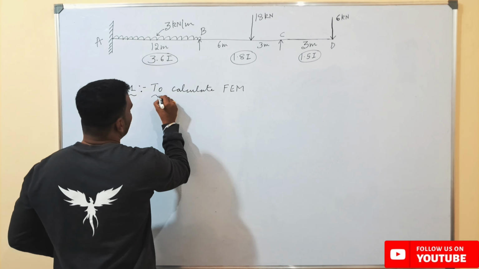This is the formula. So now, since we are finding out the rotation contribution only for the intermediate supports and not for the end supports, so at the end supports, the rotation contribution will be equal to 0. So now I need to find out the rotation contribution only about the intermediate supports, means that is M dash BA and M dash BC.